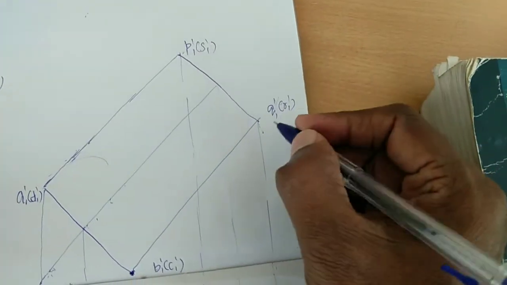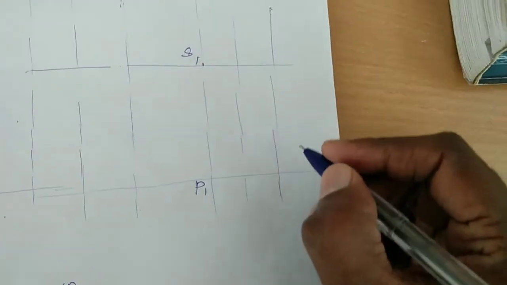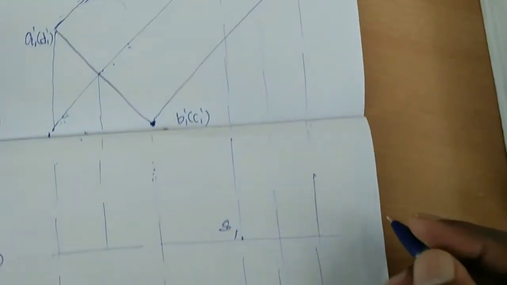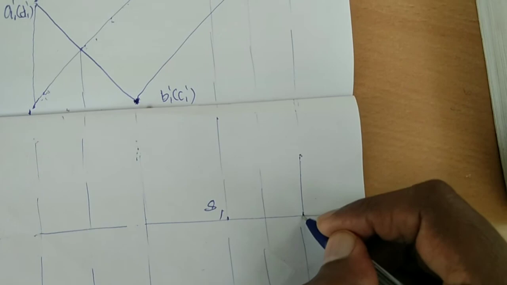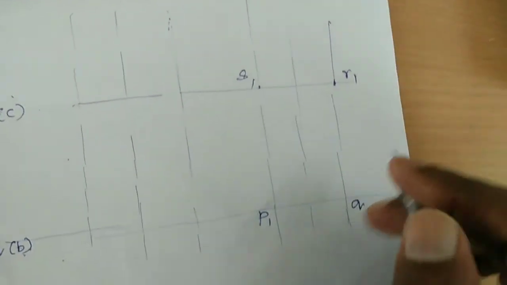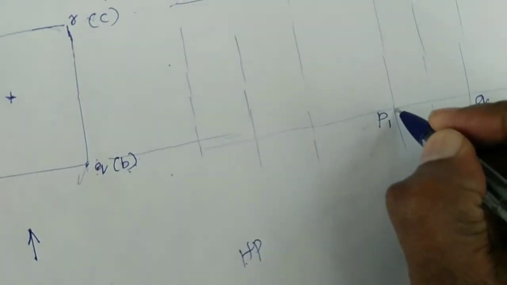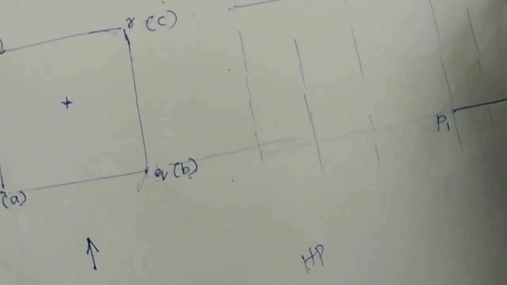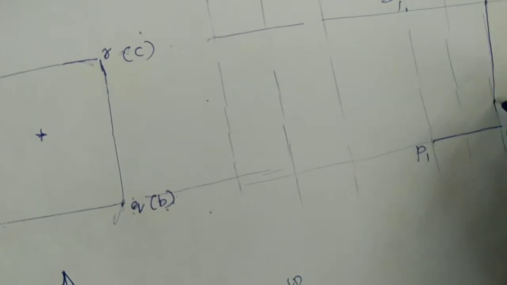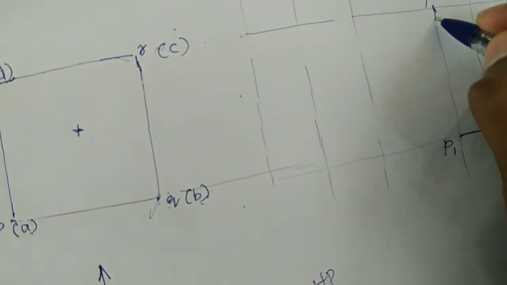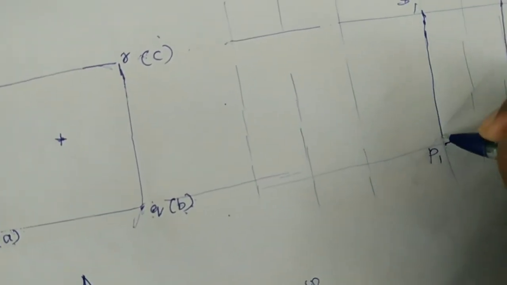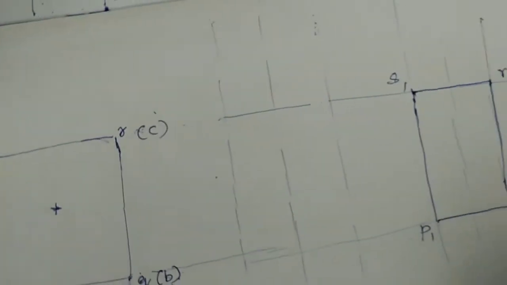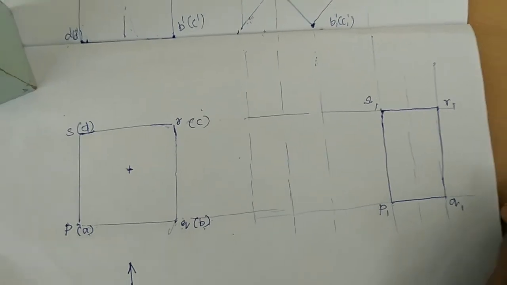S1 dash and S meet at S1, Q1 dash and Q meet at Q1, and R1 dash and R meet at R1. Then you join P1 to Q1, Q1 to R1, R1 to S1 and S1 to P1. That is the reduced square shape obtained in the top view.